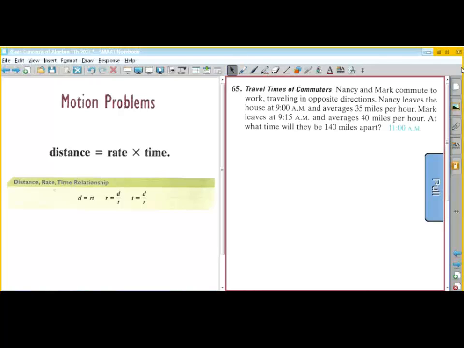So there's a few things you've got to do here. You've got to reflect the fact that they leave at different times. So what I'm going to do is use the t variable to represent time, but I'm going to use the subscript n to say the time that Nancy's traveling, and the time that Mark is traveling is t sub m.